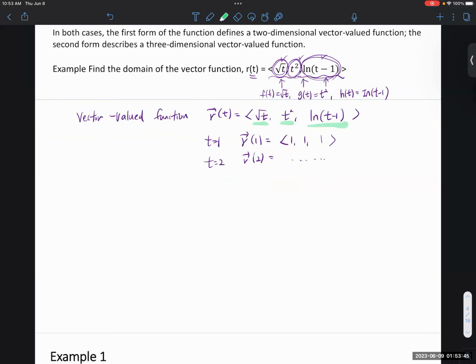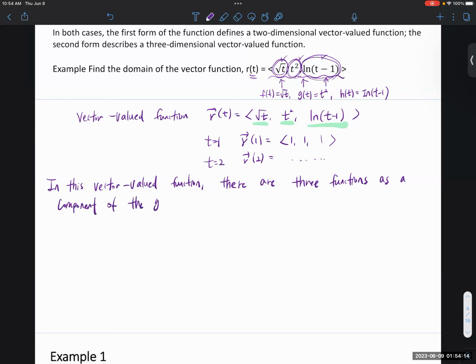So let me write it one more time. In this vector valued function, there are 3 functions as components of the given vector, correct?